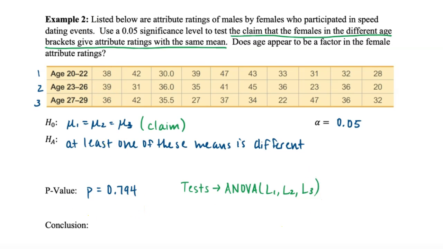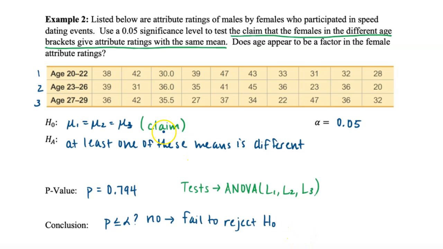Okay, this is a very high p-value. All we're really doing is comparing this to alpha, but because I can see that p, if the question of p is less than or equal to alpha, this is certainly not less than or equal to alpha. This is very close to 1. This means I am definitely failing to reject the null hypothesis.